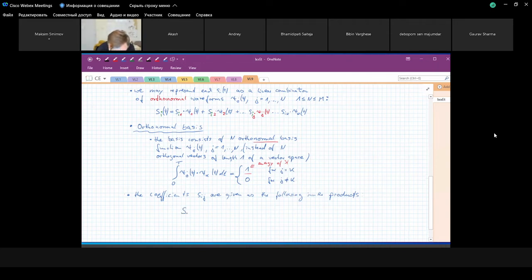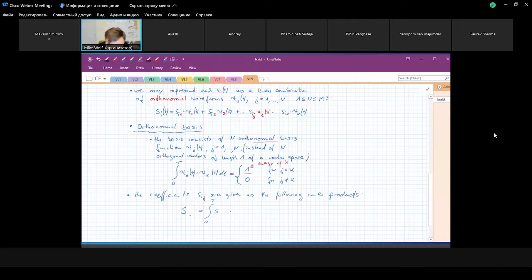Sij is equal to, now we measure how similar is our ith signal, which should be represented by a linear combination of these basis functions, with the jth basis function. So this is the ith signal. Maybe I write it again in this notation where I use 2 different colors.